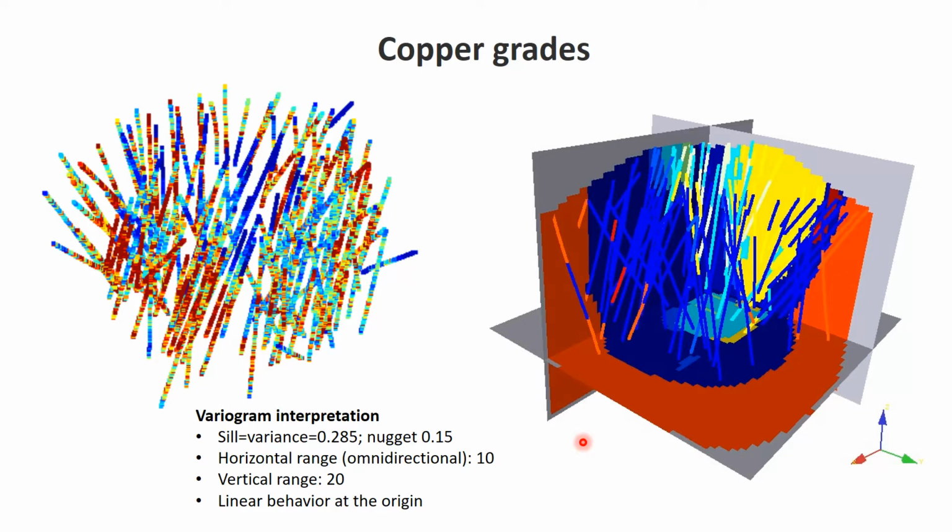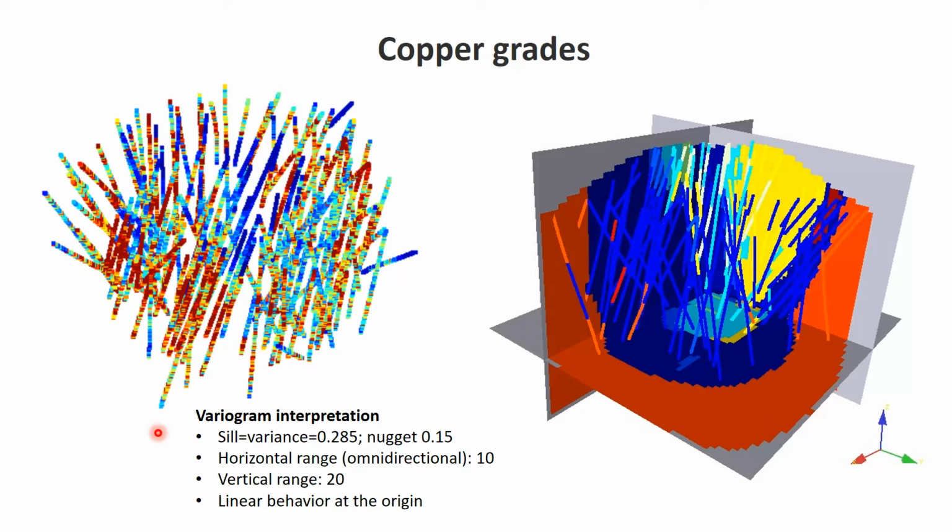For example, imagine that we had looked at the variogram of this copper data set. I believe we looked at it in the previous tutorial on variogram calculations. And we know that the sill, the variance, is 0.285, the nugget is 0.15. Imagine that we have a horizontal range that's omnidirectional.